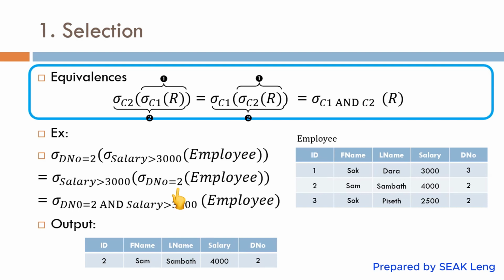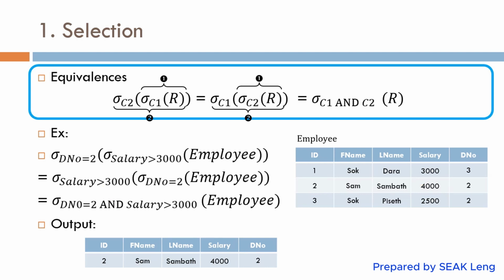In our employee relation, there are two tuples that satisfy dnum equal to 2. Then those two tuples are checked on whether the salary is greater than 3,000. So only one tuple satisfies.